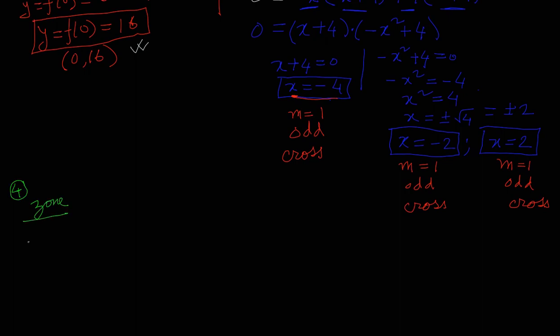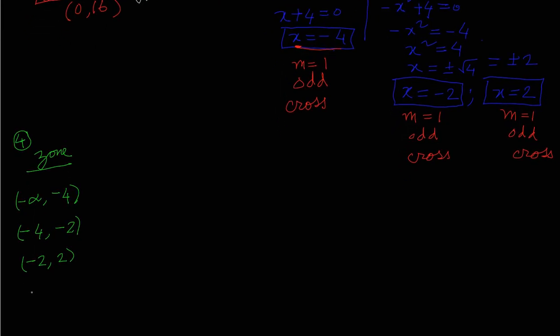My zone names are negative infinity to negative 4, negative 4 to negative 2, then negative 2 to positive 2, and finally positive 2 to infinity.